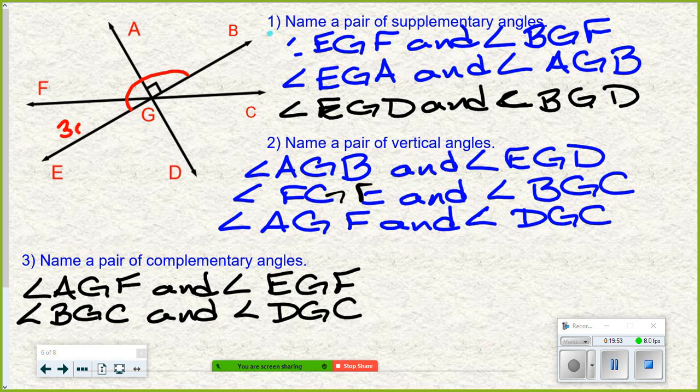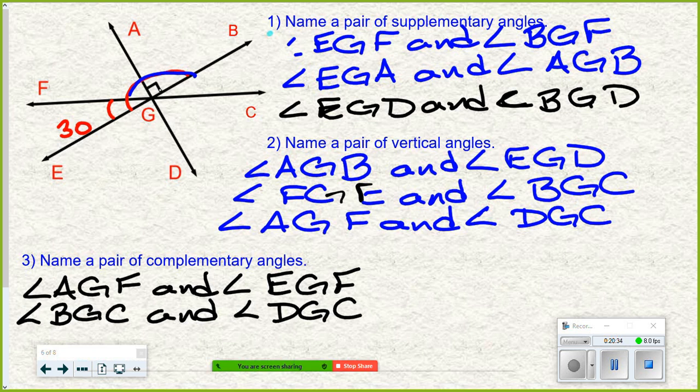So that's my first angle, EGF. Now I need to get the rest of this. So I took care of this piece of the line. Now I need the rest of this line. I got that piece. Now I need this piece. Doesn't this piece plus this piece add up to 180? This piece right here is angle FGB. It goes from this line to that line, FGB.